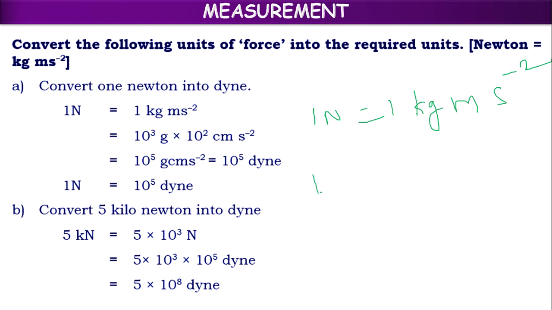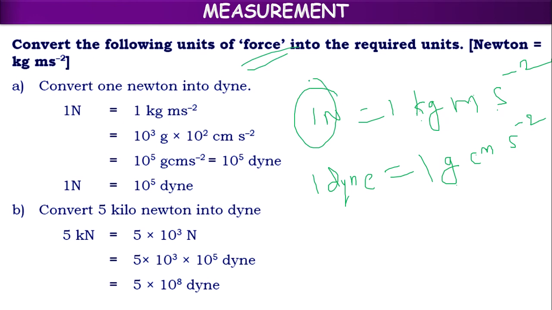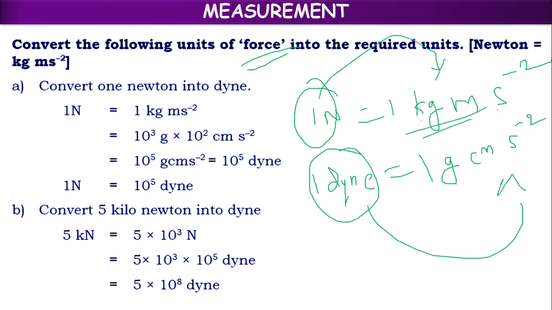Or we have the CGS unit, 1 dyne. 1 dyne equal to 1 gram centimeter second to the power of minus 2. In the place of kg we have to write gram, in the place of meter we have to write centimeter. The quantity of time is same in all systems. So force is measured in newtons, dynes. Newton equal to this value, dyne equal to this value.